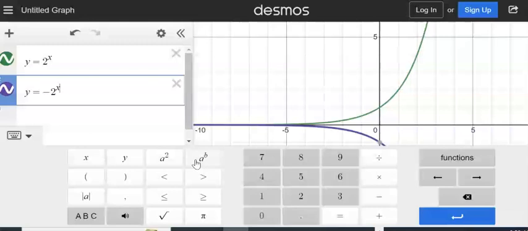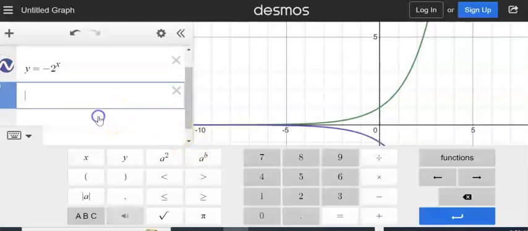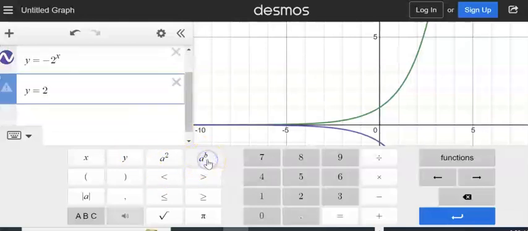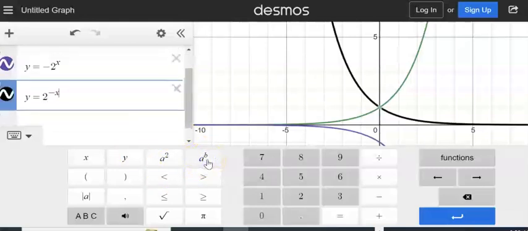Agreed? Now let's look at the next one. Okay, that one there, negative x means I'm negating all the x's, right? So it's reflected across the what? Y. If you did better in geometry, this unit's probably going to be good for you because you can picture it more, right?